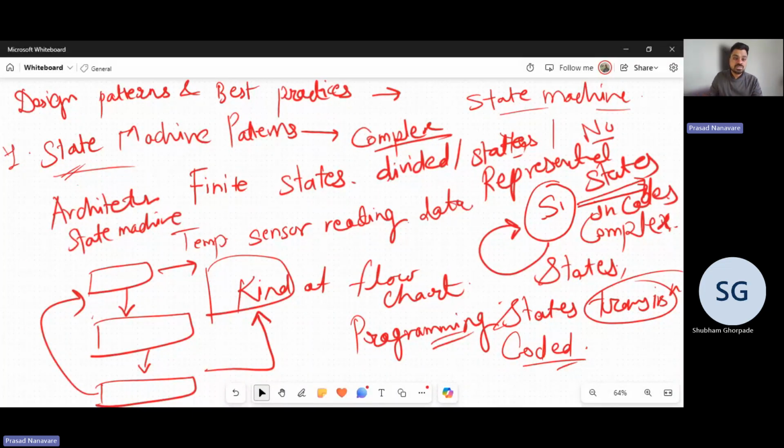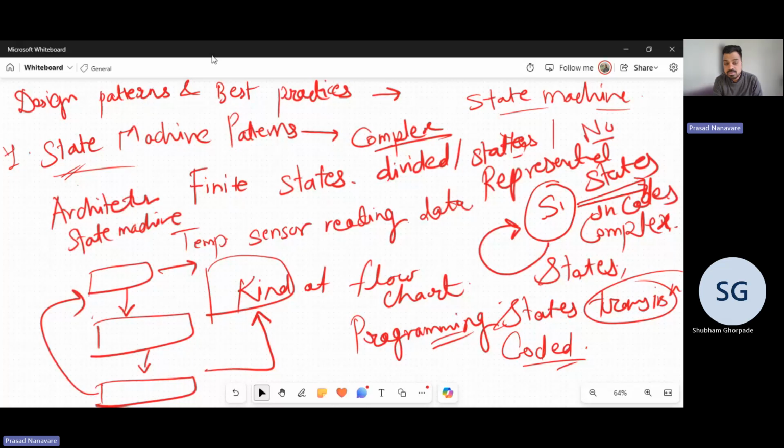So this is why state machines are there. Embedded systems often have finite states and transitions between those states, and managing these transitions can become complex as a system grows further. A state machine is basically the solution.